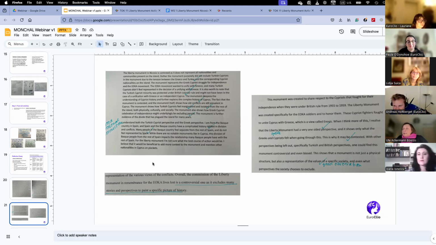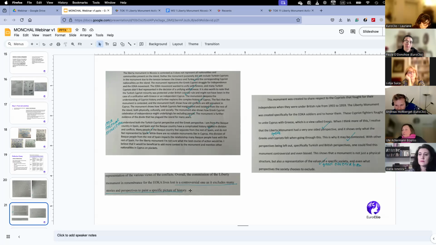Many people in the Basque country feel separate from the rest of Spain and do not feel represented by Spain. While there are no notable monuments like in Cyprus, the division of Basque people from the rest of Spain impacts the relationship many Basque people have with the rest of Spain. For the Liberty Monument, I'm not sure what the best course of action would be. I believe that it would be beneficial to add more context to the monument and mention other nationalities in Cyprus.